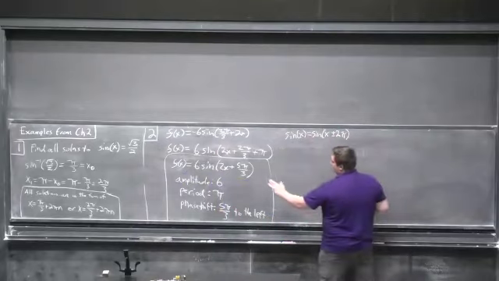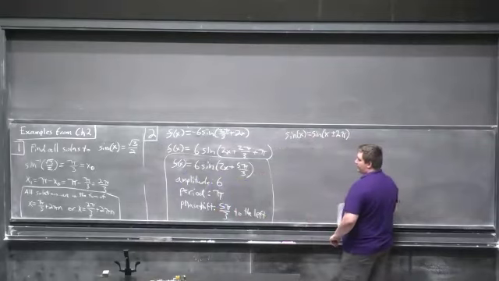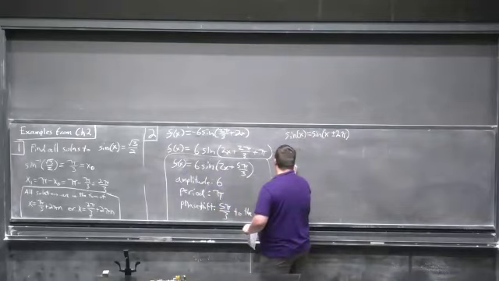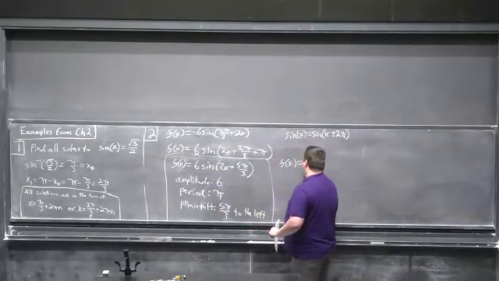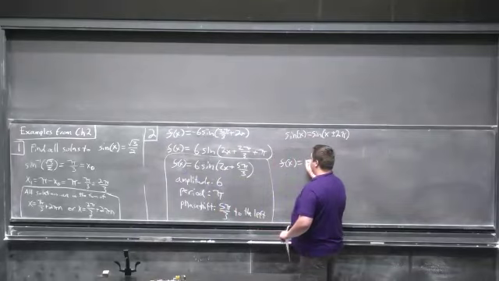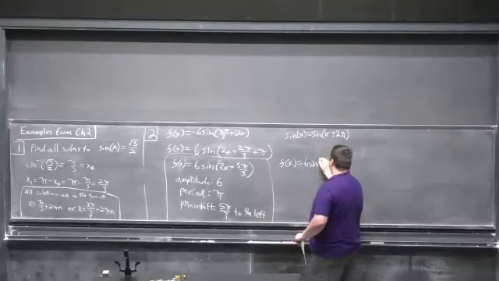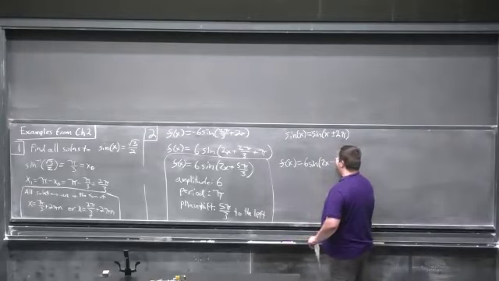So if I was to subtract 2 pi from this, we would get f of x is equal to 6 sine of 2x minus, and we get pi over 3.